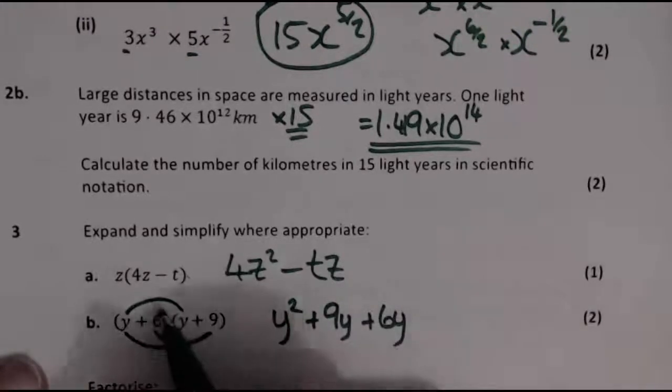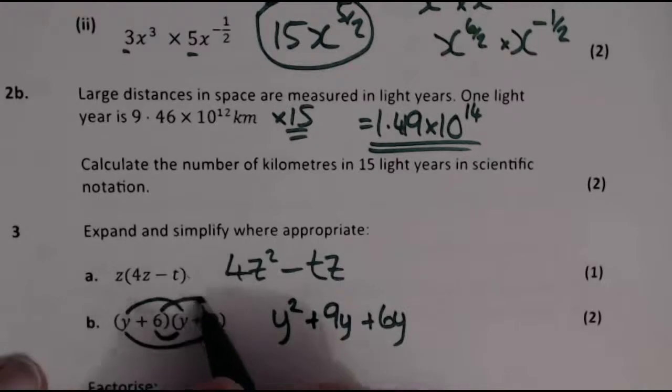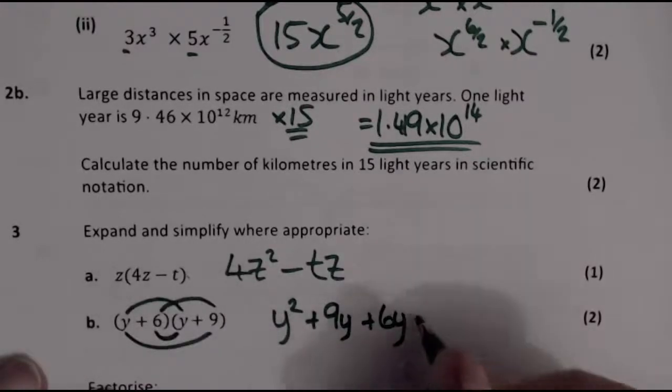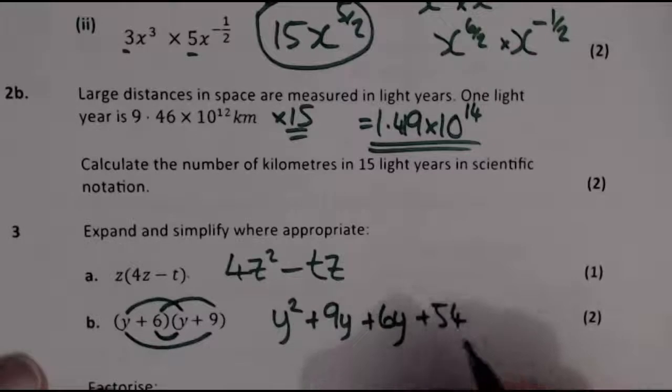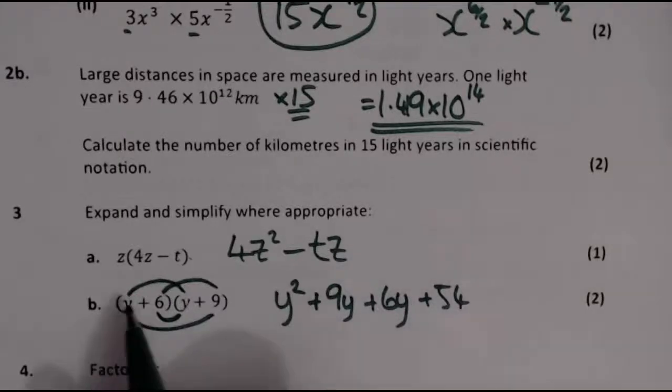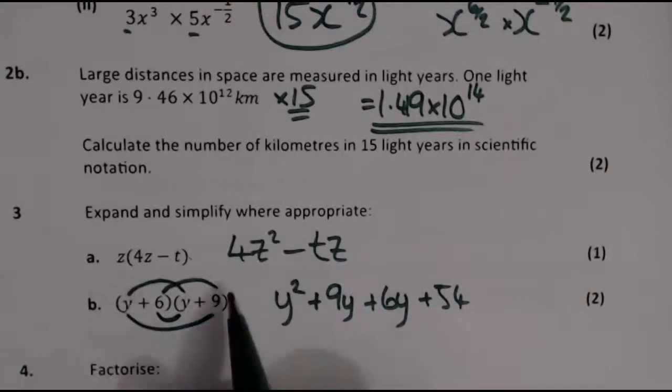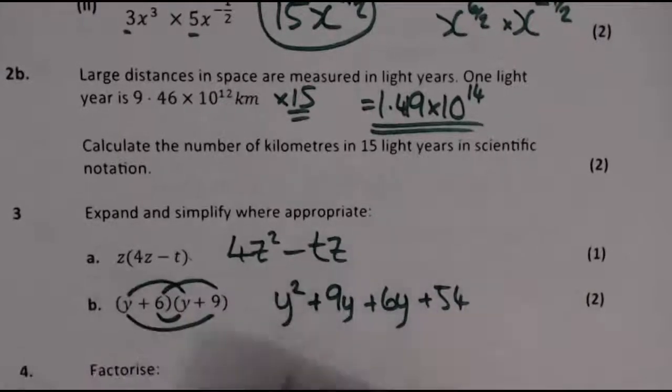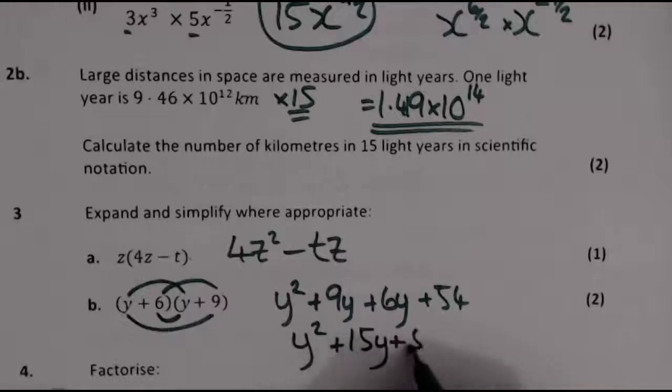And then I'm going to look at 6 times 9, and that's plus 54. You'll always find that there's going to be 4 terms here, and then obviously you collect them together. There's 2 terms in each bracket, so you end up with 4 terms. So we tidy this up, that's plus 15y plus 54.